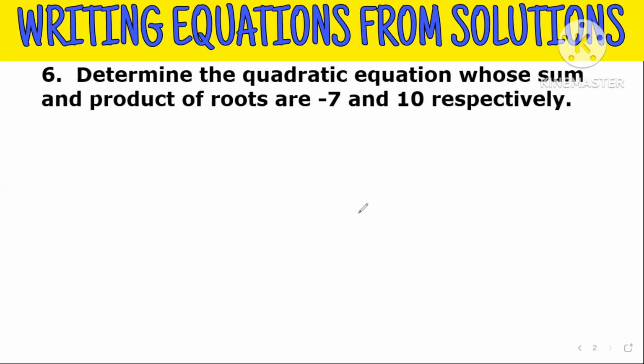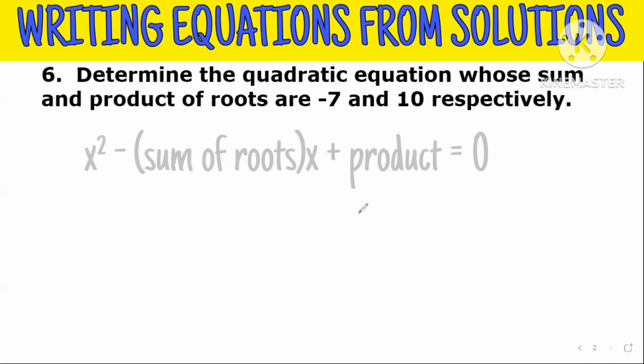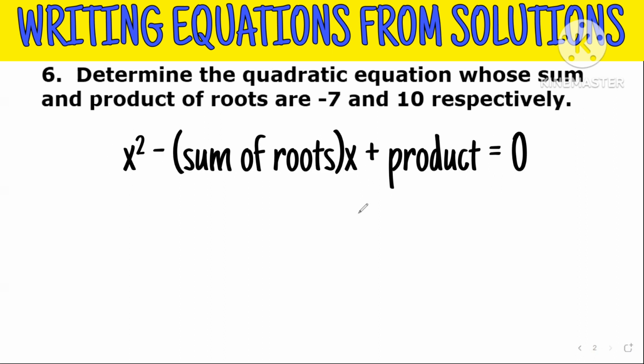Determine the quadratic equation whose sum and product of roots are negative 7 and 10 respectively. So if the sum and product of roots are given, then the equation can be written in the form x squared minus sum of the roots multiplied by x plus the product equals 0.